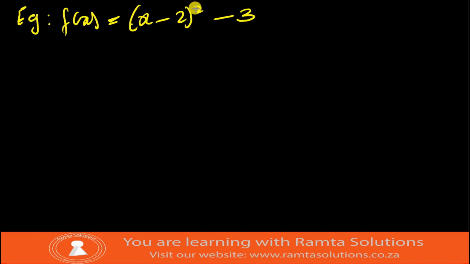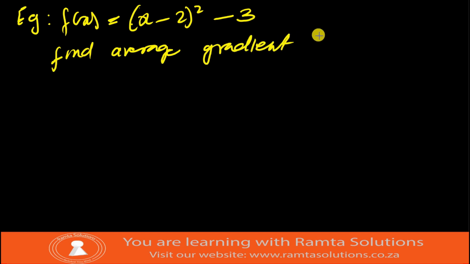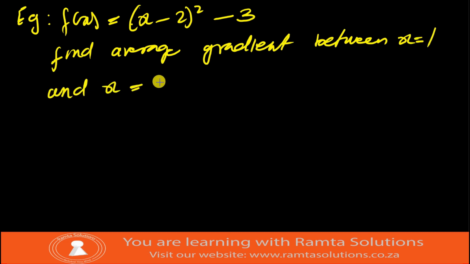The question says to you, find the average gradient between x equals 1 and x equals 7.